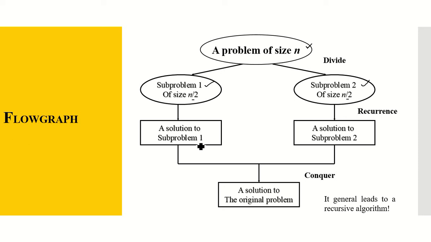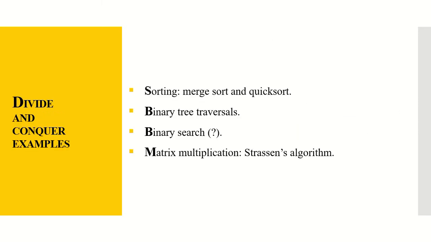We find a solution to subproblem 1 and a solution to subproblem 2 recursively till both reach a finite solution. After that we combine these two, which is known as conquering, and the solution to the original problem is done. It generally leads to a recursive algorithm.